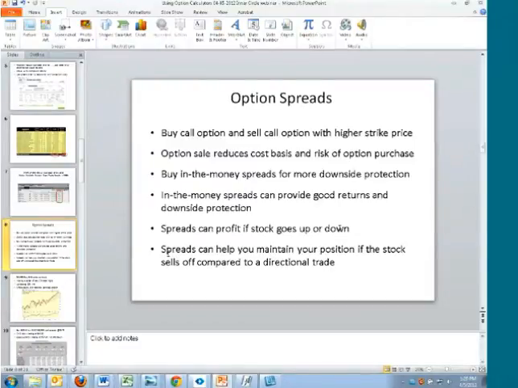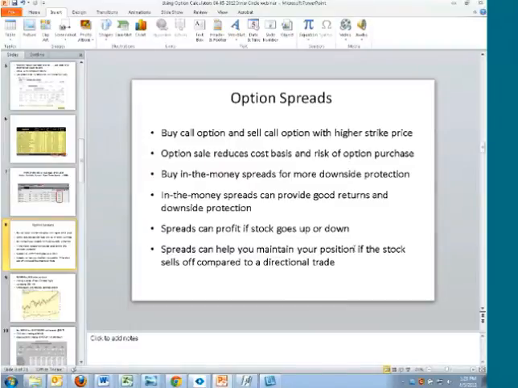Another important feature of these spreads is that it can help you maintain your position if the stock sells off compared to just a directional trade. So if you just purchase a call option and you don't do a spread, the stock price has to go up or you're going to lose money on the option purchase.